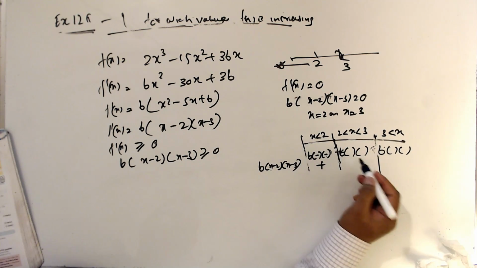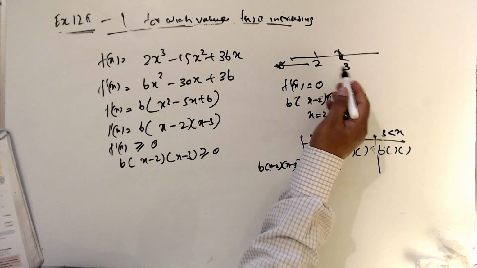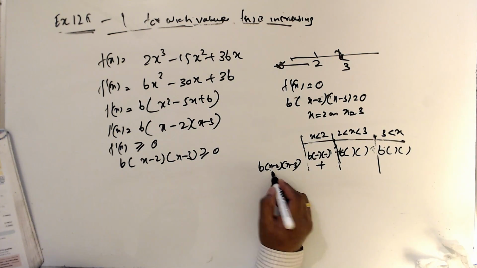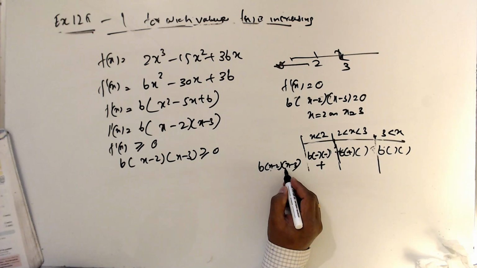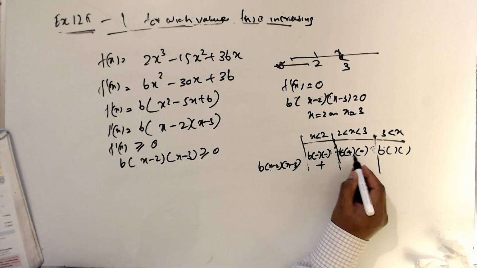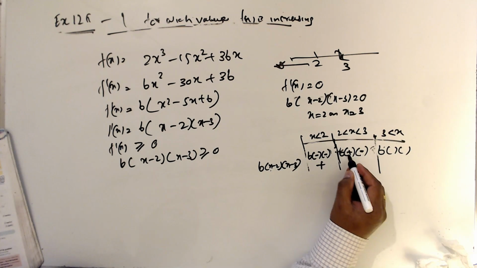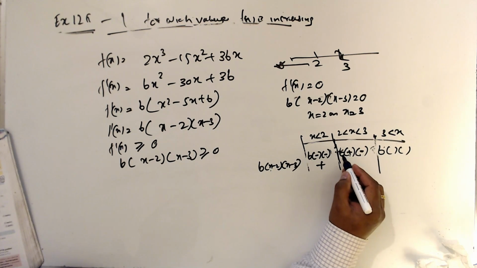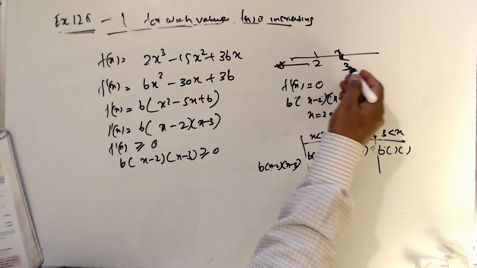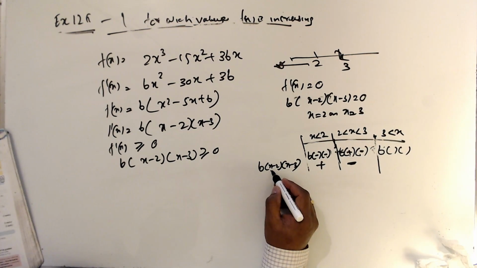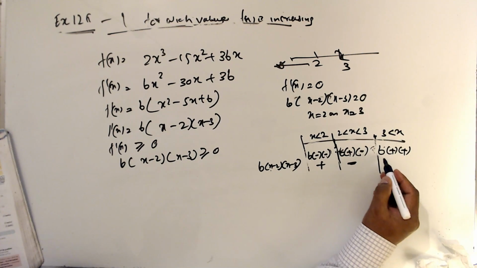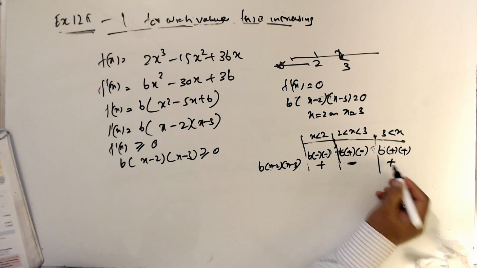Now if you take any number from 2 to 3, say 2.5, x minus 2 is positive and x minus 3 is negative. Positive times negative is negative, times 6 is still negative. Now if we put more than 3, let's say 10, 10 minus 2 is positive, 10 minus 3 is positive. So 6 times positive is positive.